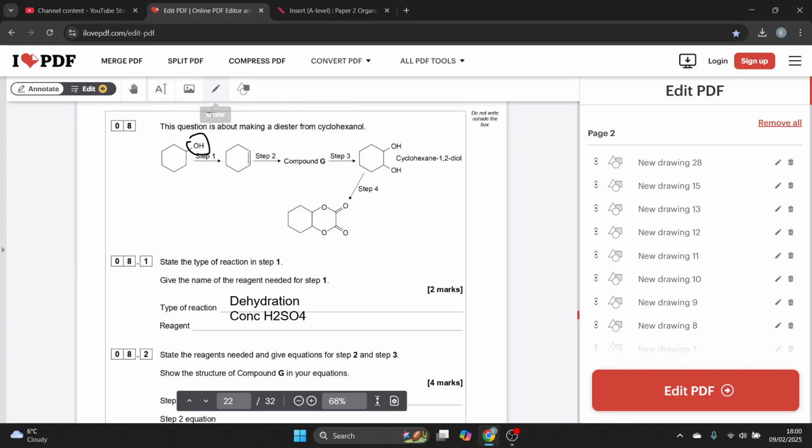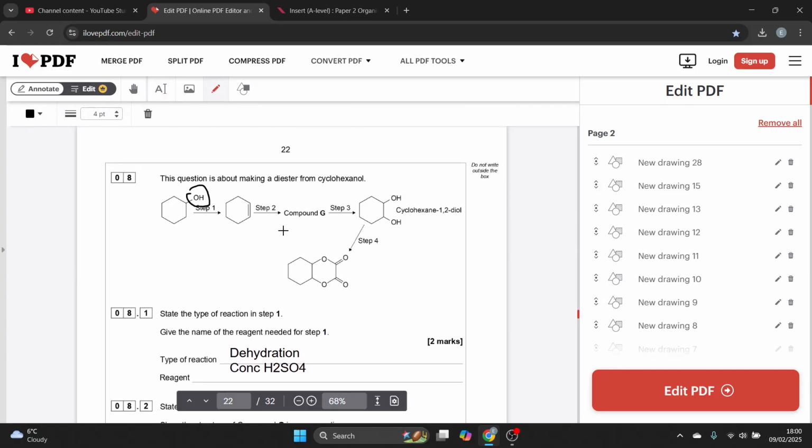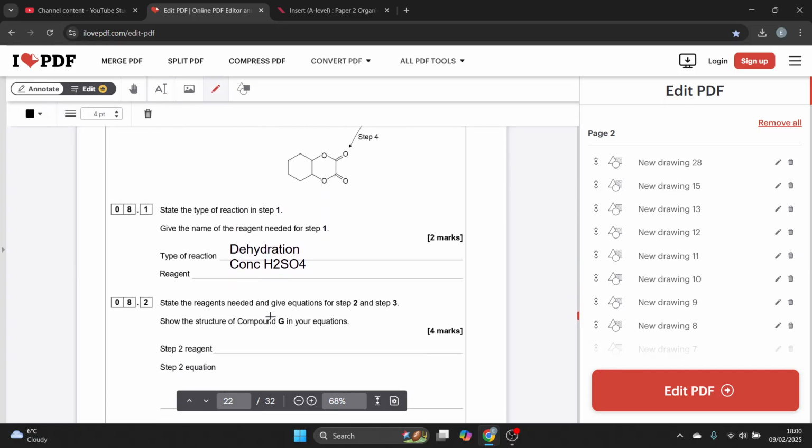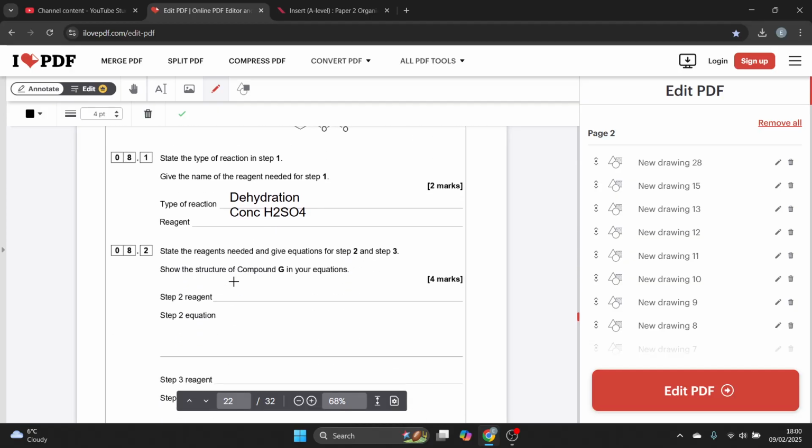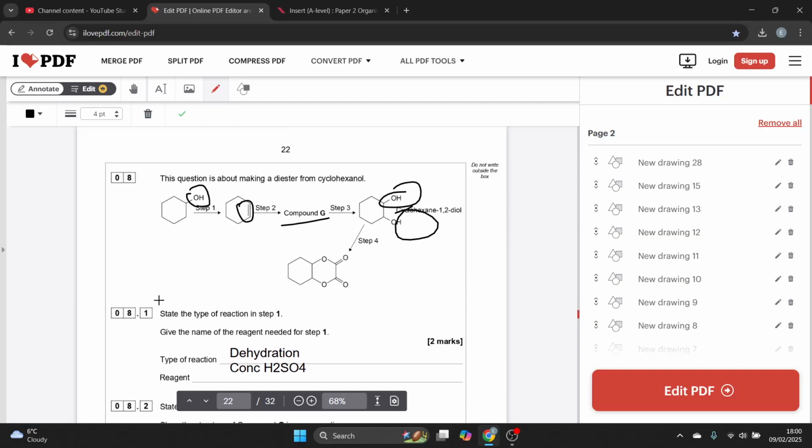State the reagents needed and give the equation for steps 2 and 3. So reagents needed for step 2. Well, I'm going from an alkene to something, and then from this something to a diol. So it's going to be Br2, or chlorine or anything similar.